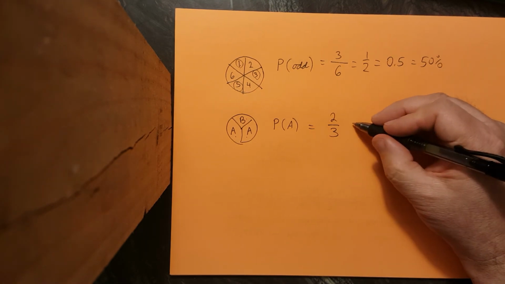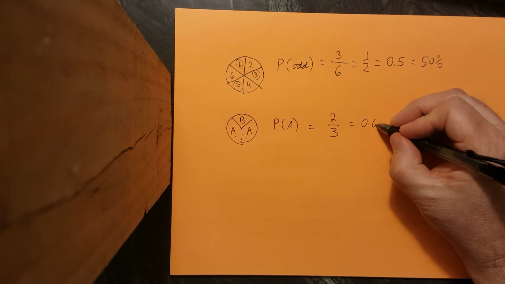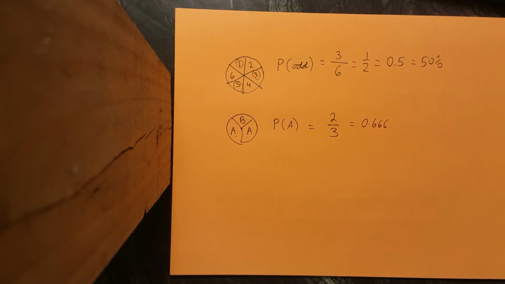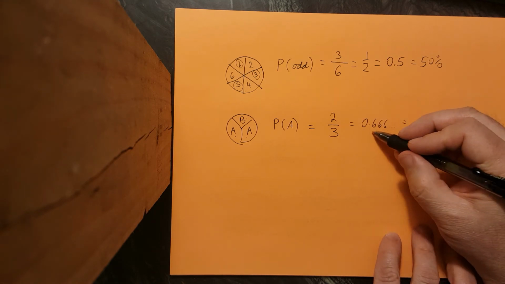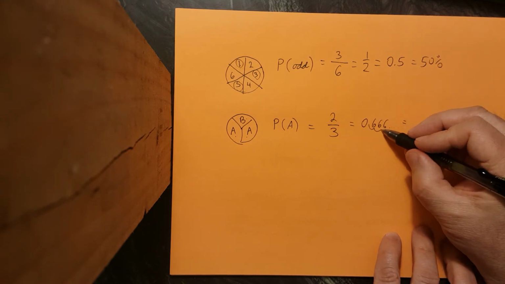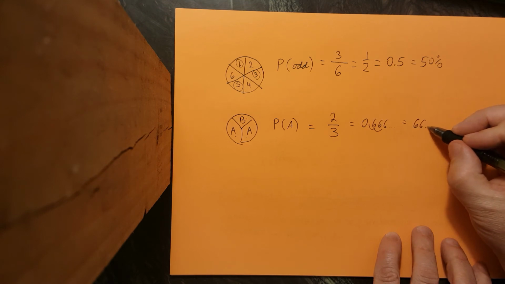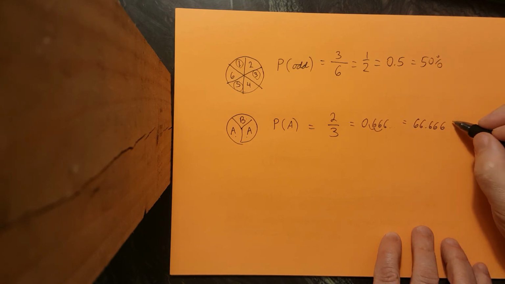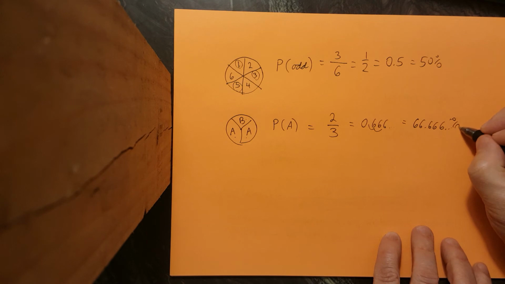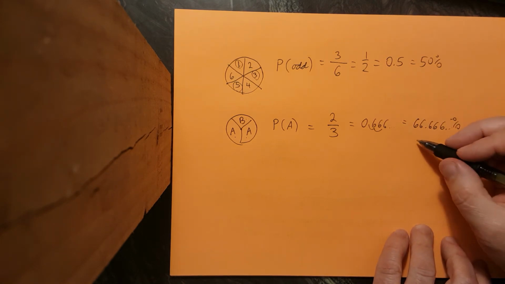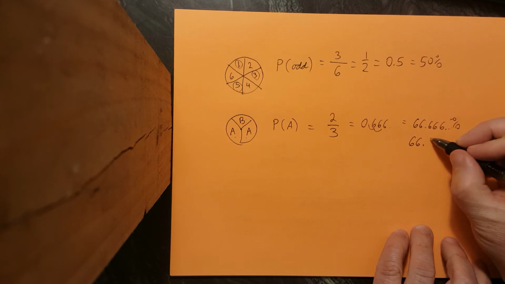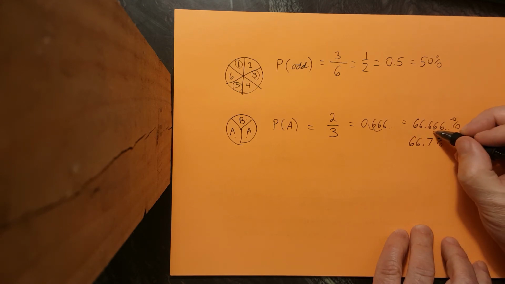Do 2 divided by 3 and you get 0.666 forever, and that's percentage. You multiply that by 100 and you get 66.666 forever percent. They'll usually have you round that to the nearest tenth or something, so you might need to put 66.7% because you would round that up.